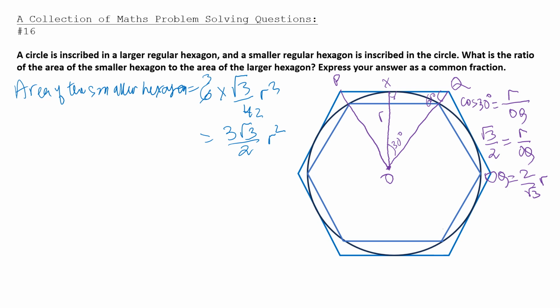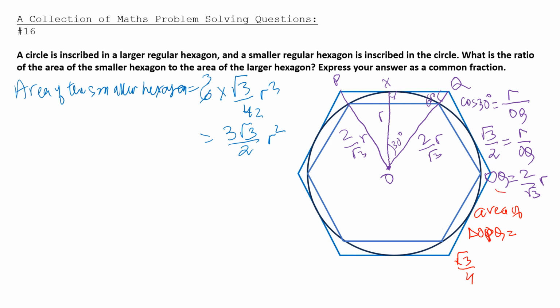So this is 2 out of root 3 R, 2 out of root 3 R. So to find the area of this equilateral triangle, triangle OPQ, I'm going to write area of triangle OPQ would be root 3 out of 4 times side square.